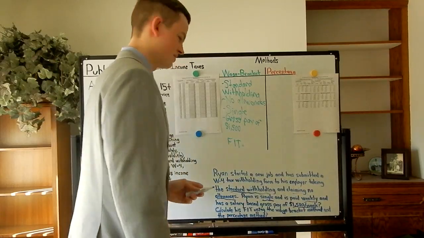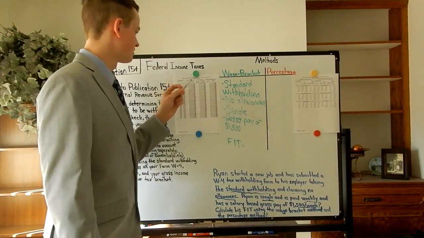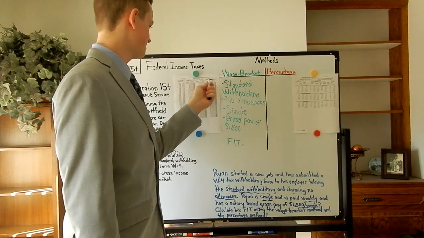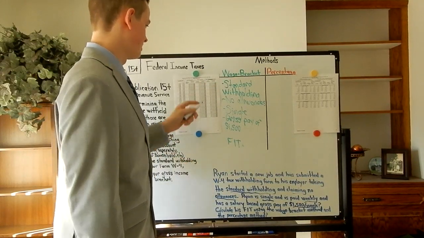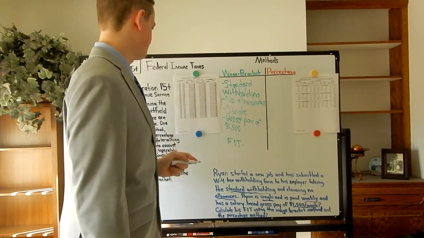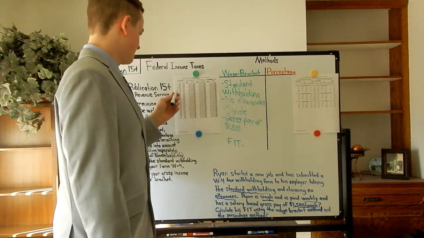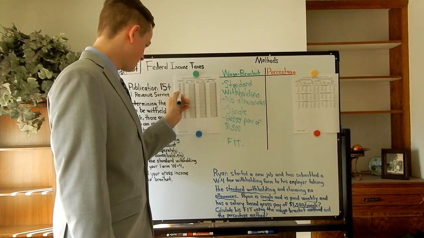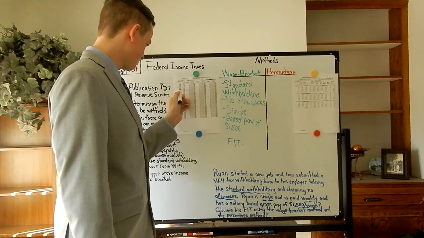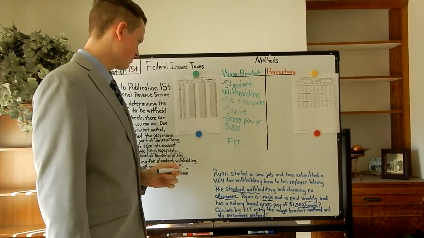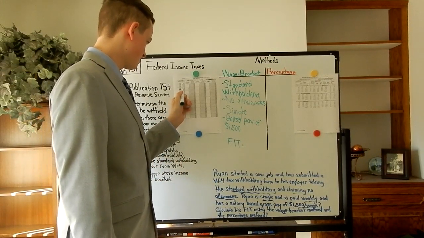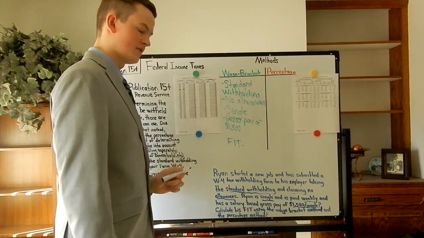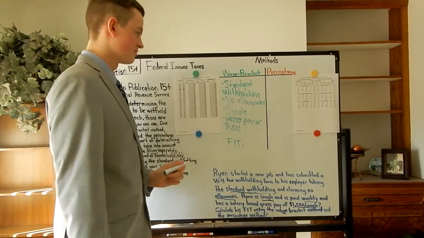Alright, so let's look at it here. It is single or married filing separately, and we're taking the standard withholding and finding our wage gap right here. We have at least $1,495 but less than $1,505.